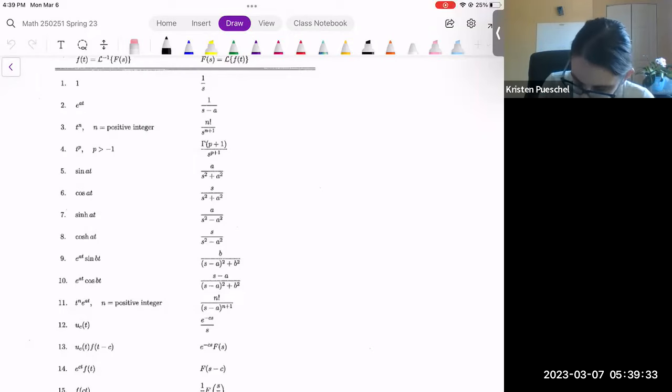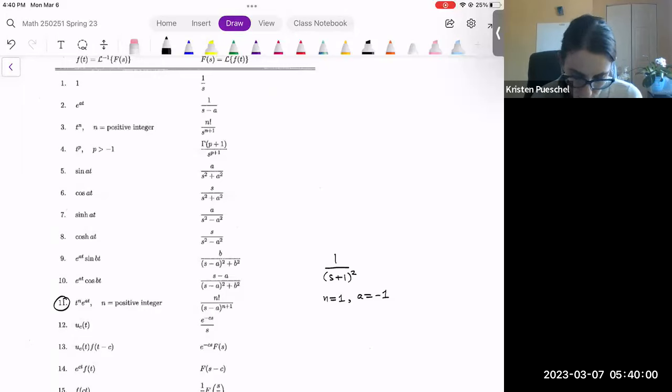We had 1 over s plus 1 squared. So we were looking for a shift where we have higher powers. Okay, we don't see any other terms down here. So this is n equals 1 and a equals -1 of number 11.